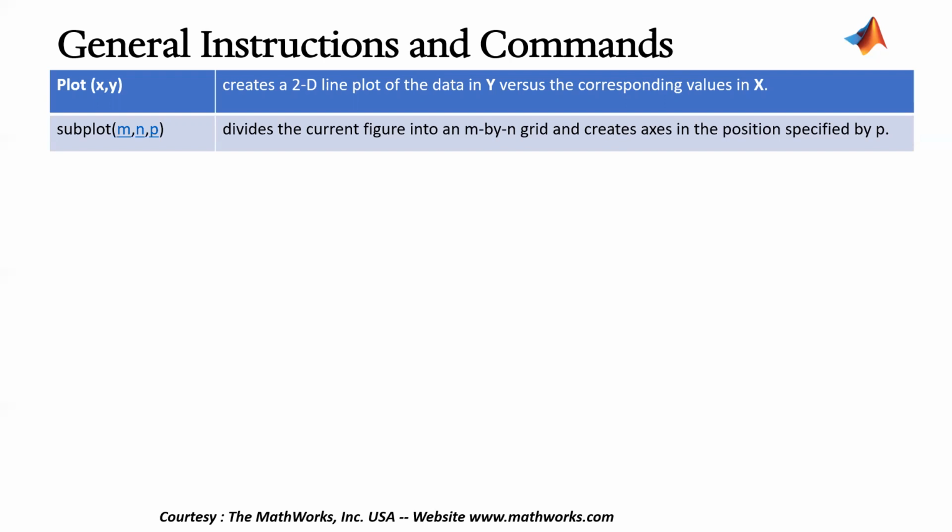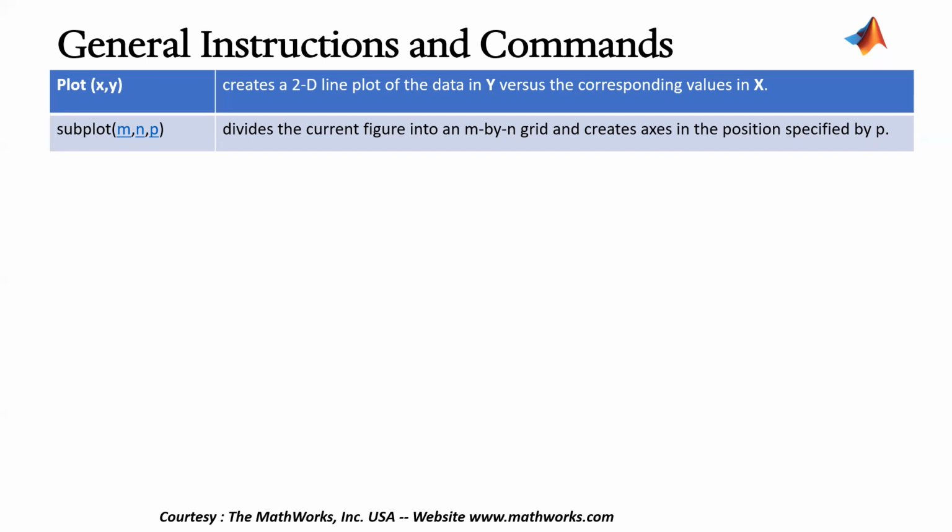The main purpose of this instruction is to divide the entire figure into an m by n grid and create axes in the position specified by p. MATLAB numbers its subplot positions by row. The first subplot is the first column of the first row, the second subplot is the second column of the first row, and so on.